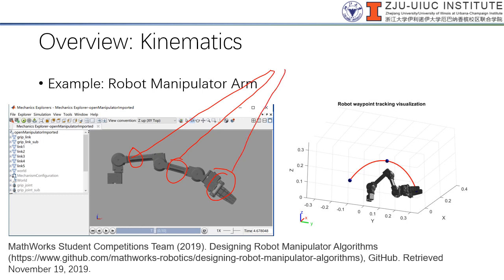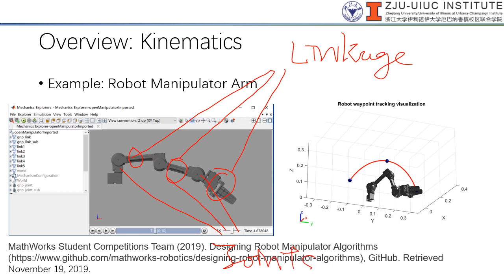All these are called linkages, and of course you have joints. So all these are joints. We want to establish a way of representing this multiple body in 3D space, be able to represent the position and orientation, and be able to explain the transformation.